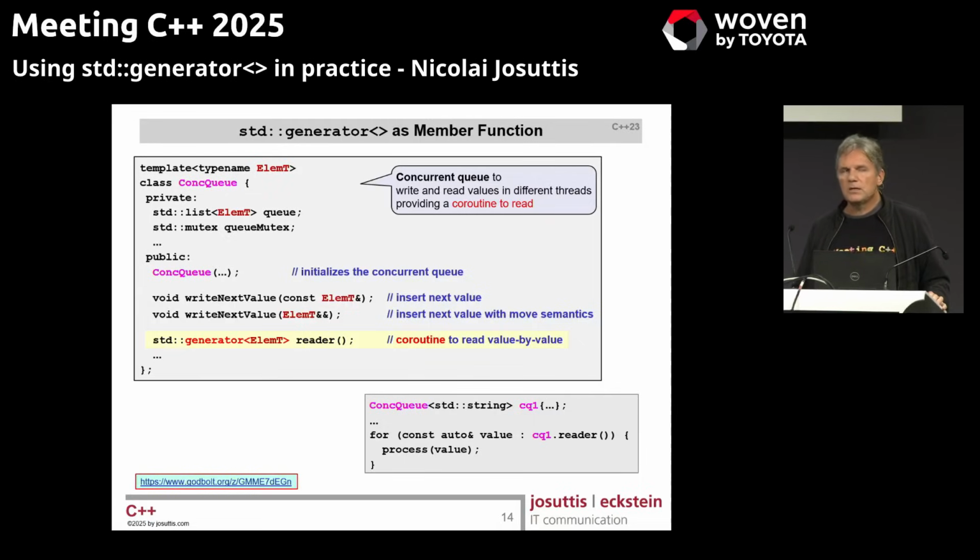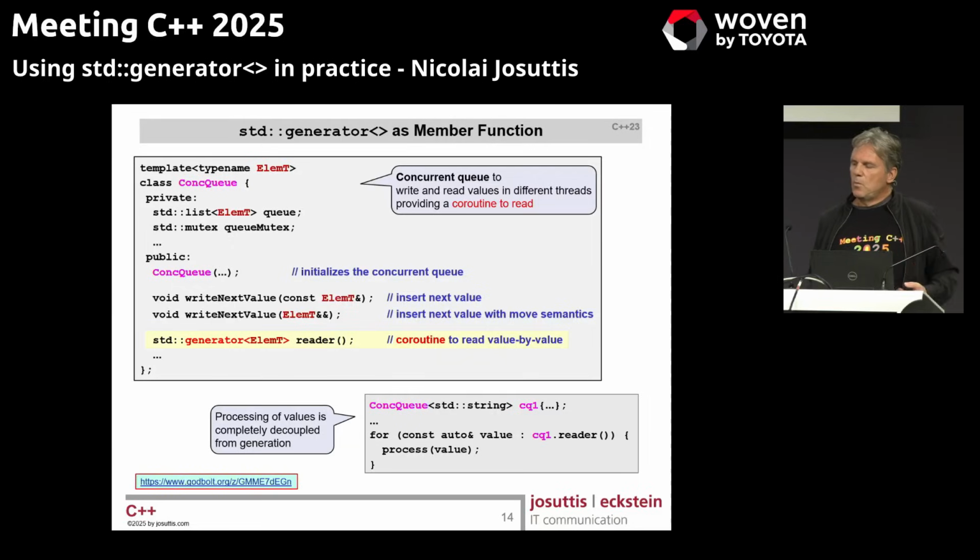And the real good part of this is that in the place where we deal with the incoming values, we don't see anything of the problems of multi-threading, of generating values, etc. So we have completely decoupled the generation of values coming in by different threads from some area, decoupled from the way we use that.